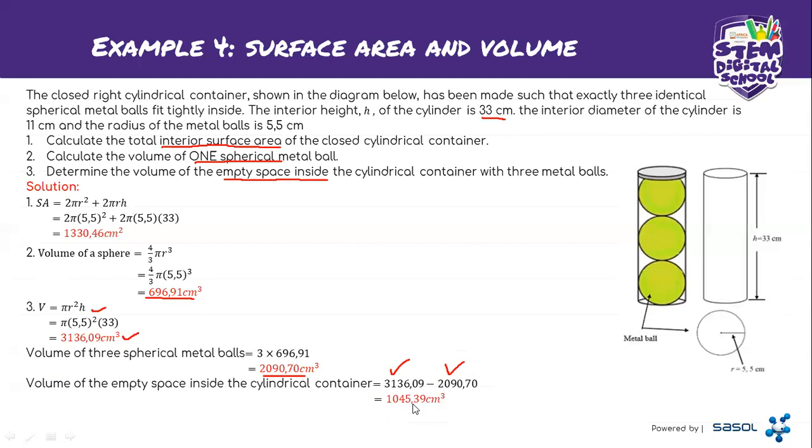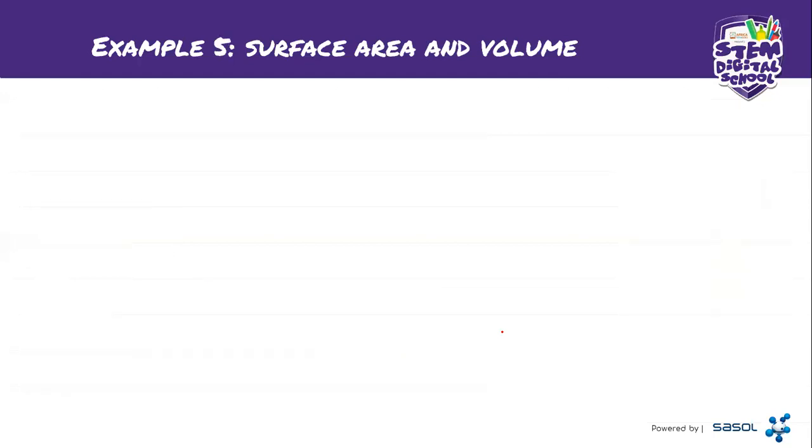The volume which is left is for this space, which is 1,045.39 centimeter cubed. So that's how you calculate the volume of the empty space. We can now proceed. We are still under surface area and volume. Let's see what we have there.